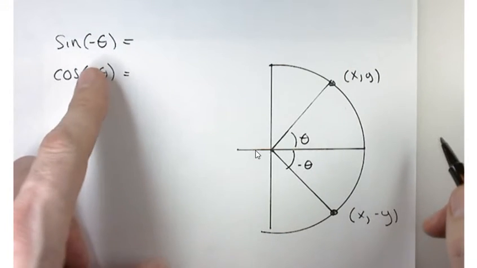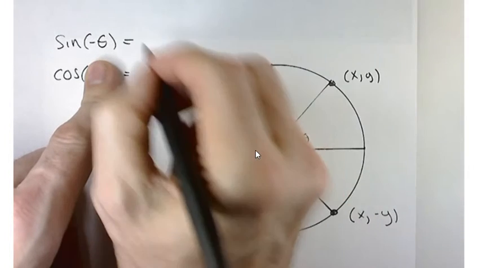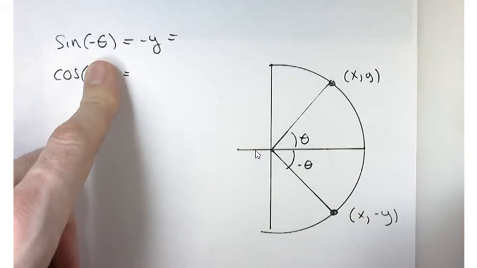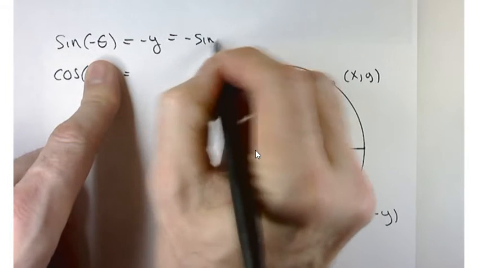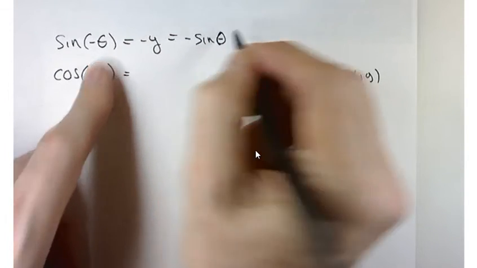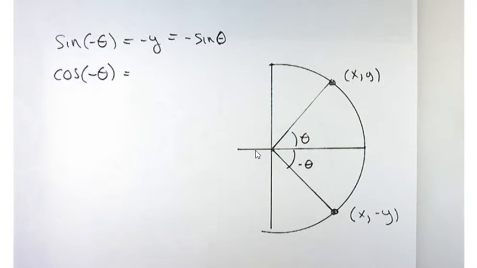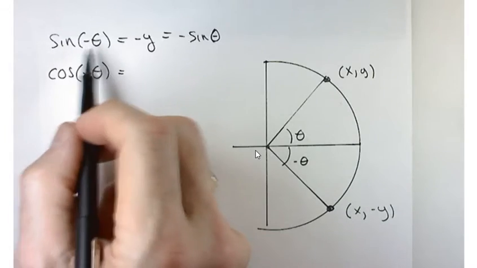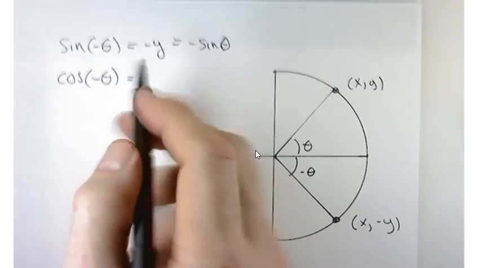If I look at the sine of negative theta, sine of negative theta is going to be negative y. But another way to regard that is as the opposite of the sine of theta. So that negative factors out, and because of this, this is an odd property of the sine function.